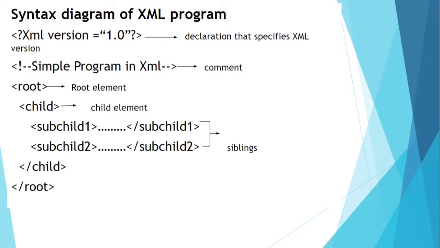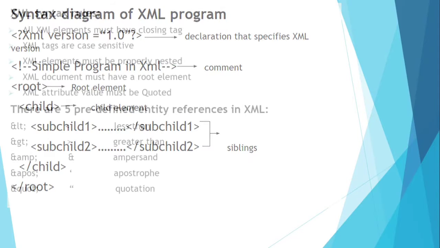Like if we want to write an XML file on a product, the root element will be the name of the product, but the subchild may be the model of it, or the cost of it, like that. And then the end tags contain a backslash and the header that we chose.